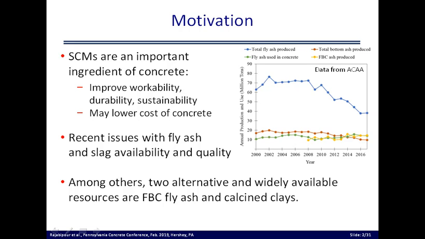So there's clearly a supply issue with fly ash, and also there are similar issues with slag, and there is a need for alternative materials to supplement the supply of pozzolans. And two of such materials, which I'll talk about today, are FBC fly ashes or fluidized bed combustion fly ash and calcined clays. Okay, next slide, please.